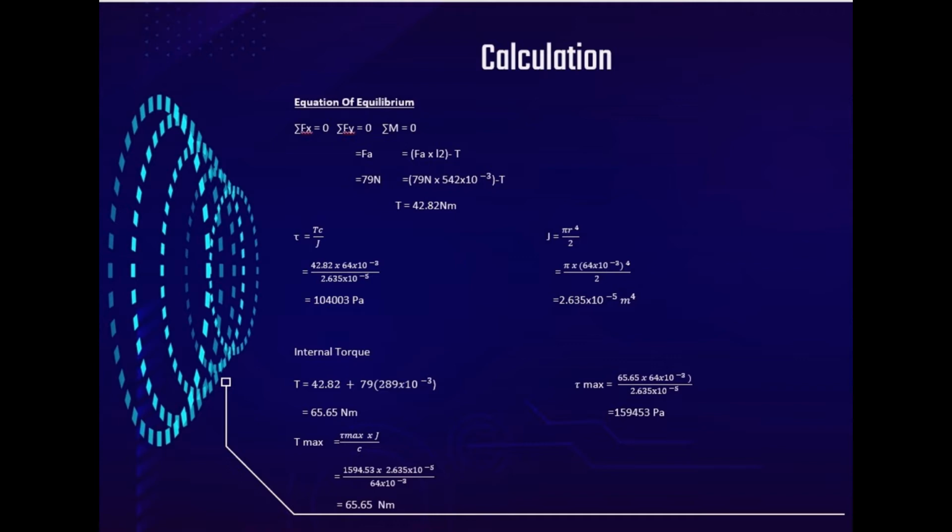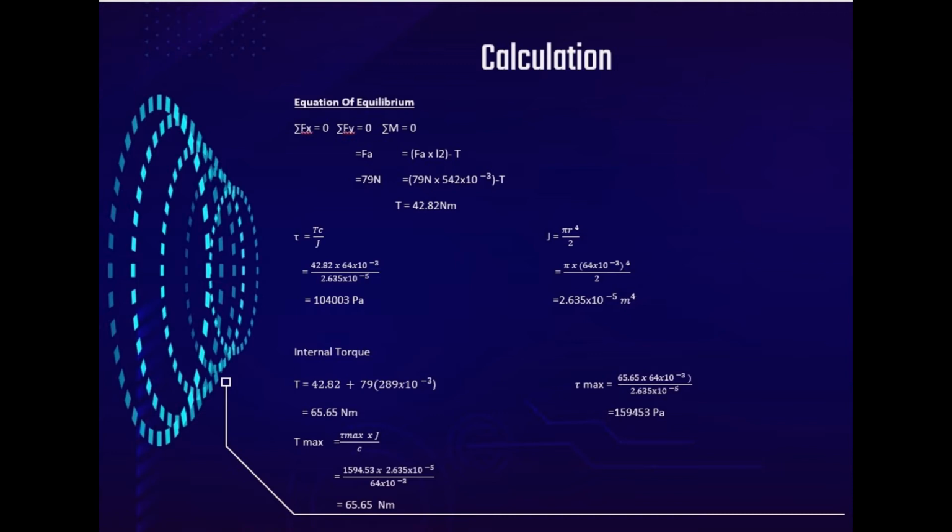Next we need to find the torsional stress, where the formula is torque times the radial distance from center to the outer surface, divided by the polar moment of inertia, J. J is unknown, so we need to find J by the formula pi multiplied by radius to the power of 4 divided by 2.